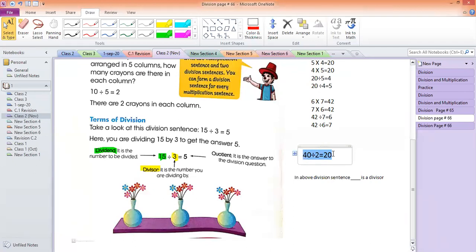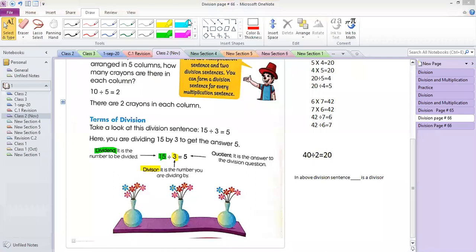Divisor means the number by which the number is being divided. Here 40 is divided. Which number is a divisor? The 2. Very good. 2 is divisor here.